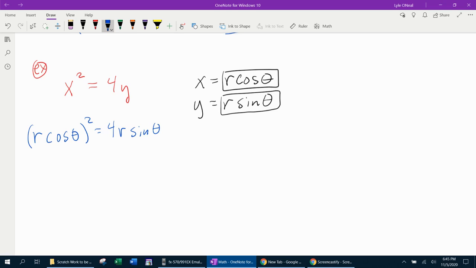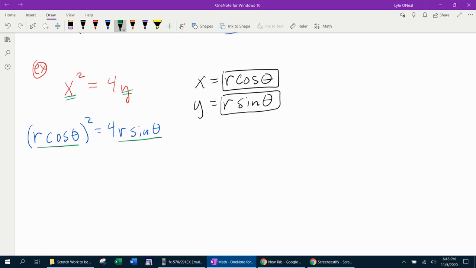Do you see what I did there? I replaced x with what x is. X is r cosine theta. And I replaced y with what y is. Y is r sine theta. And then we can simplify this a bit.